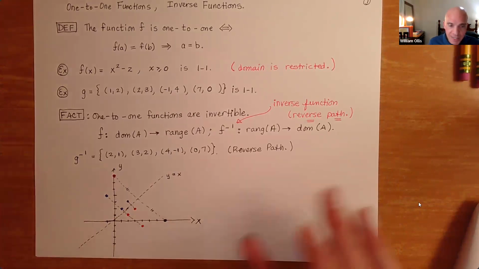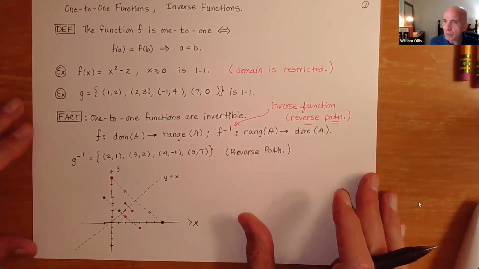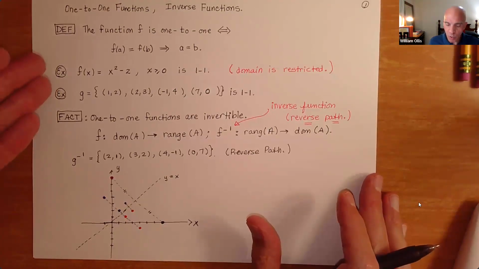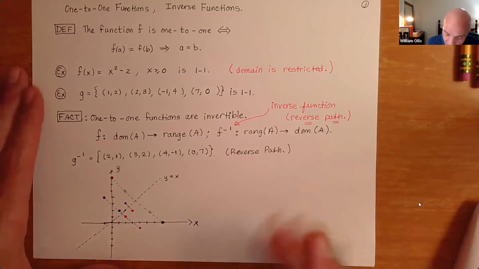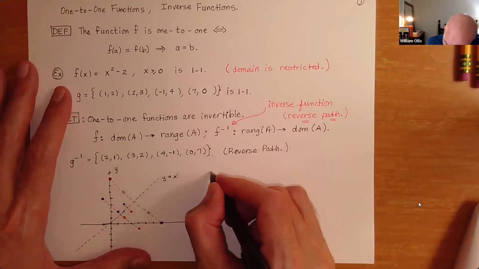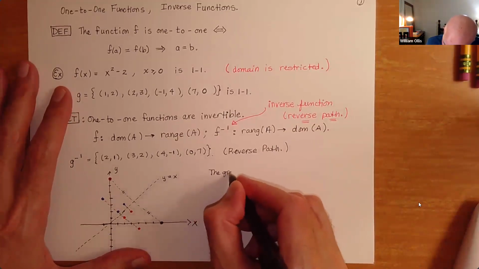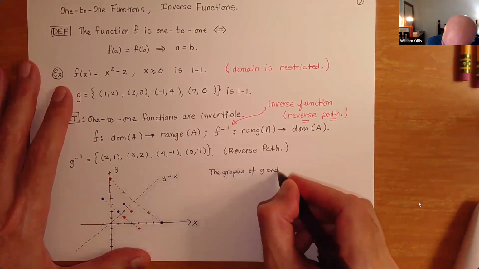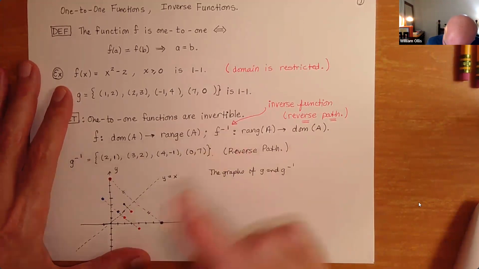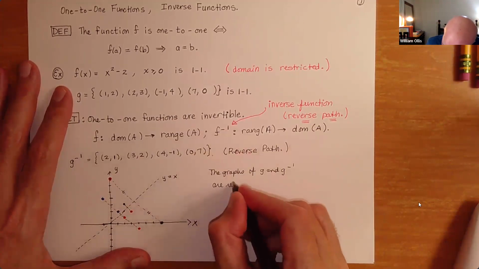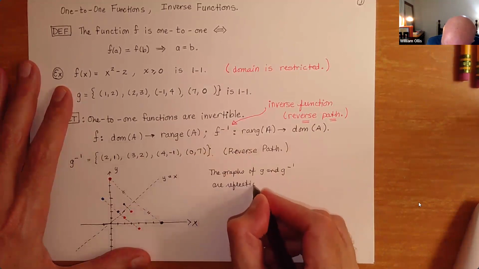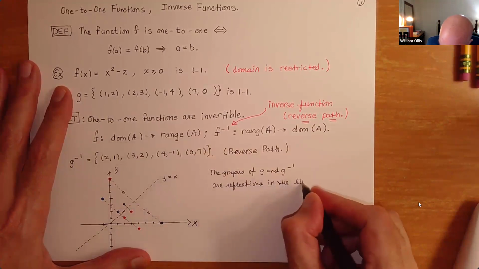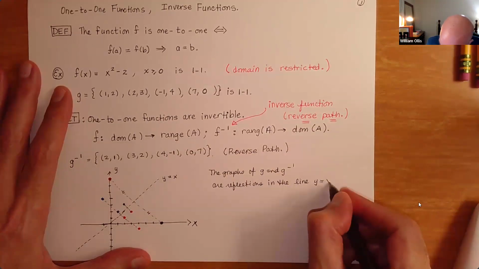Now, this is a very, very simple function. It has 4 elements. g is 1-to-1, so we can write a reverse path. But I just want to write this. The graphs of g and g inverse are reflections in the line y = x.